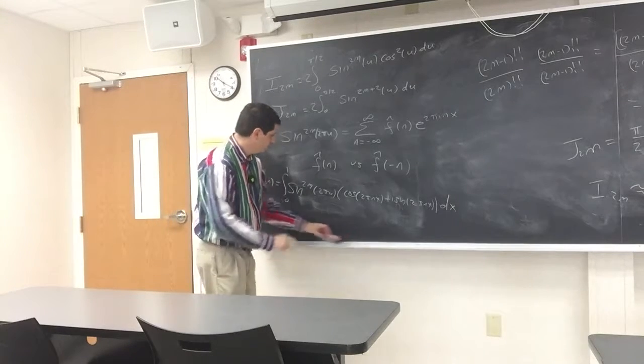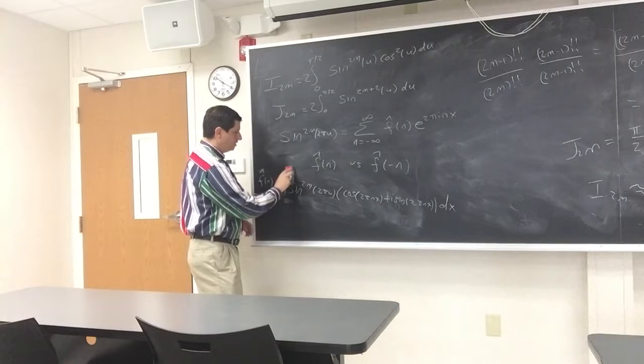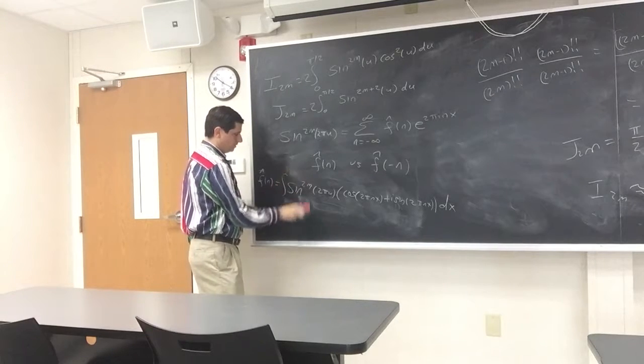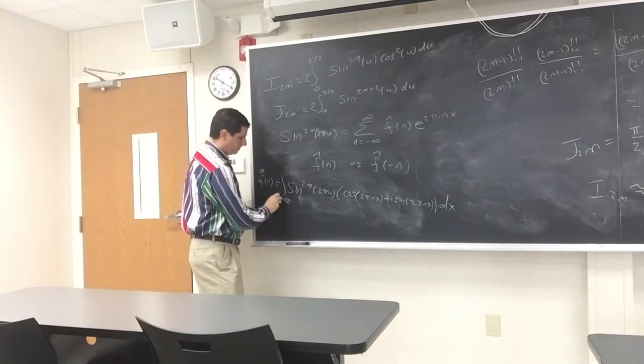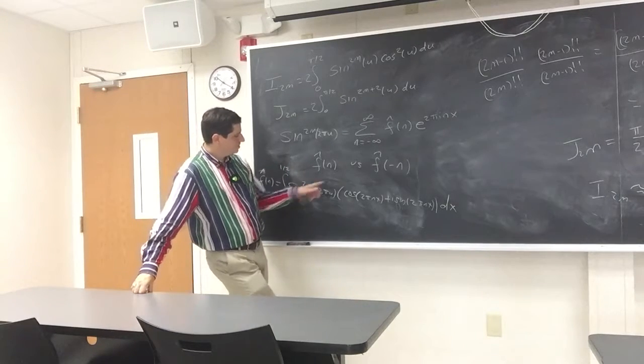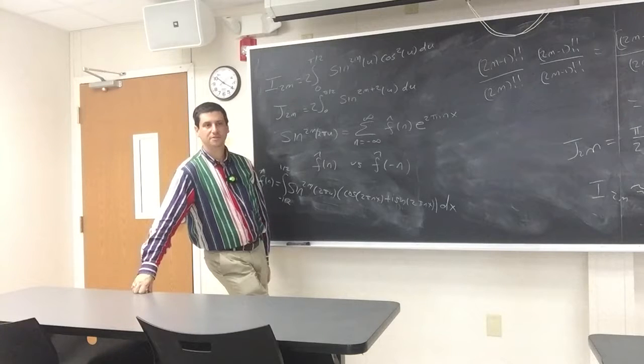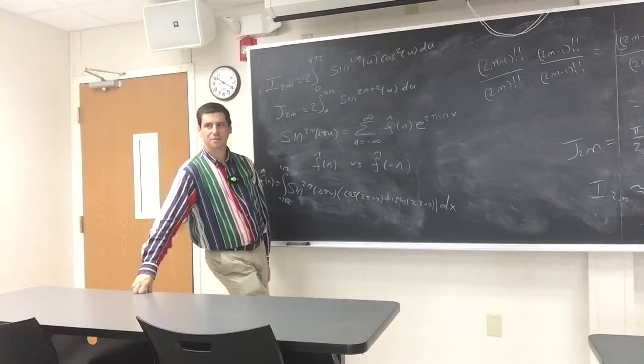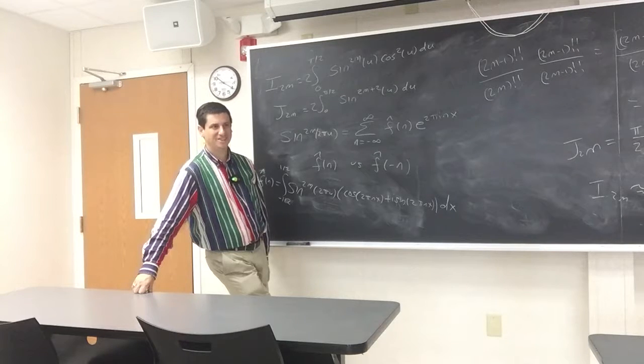Well, if you want, integrate this from minus a half to a half. It's periodic. What's the integral of sine to the 2m times cosine? It's an integral you should be able to do in your head.